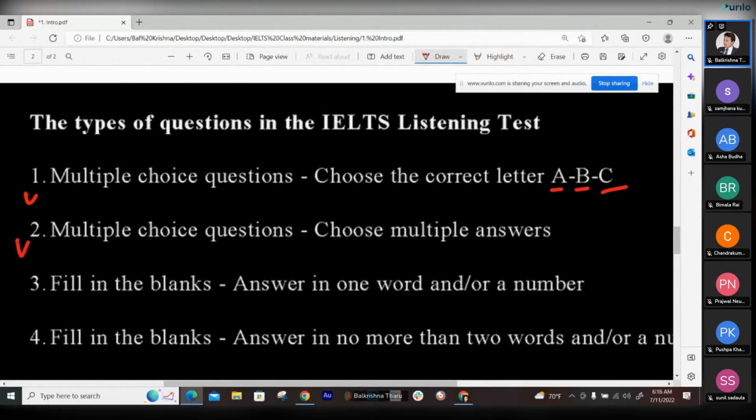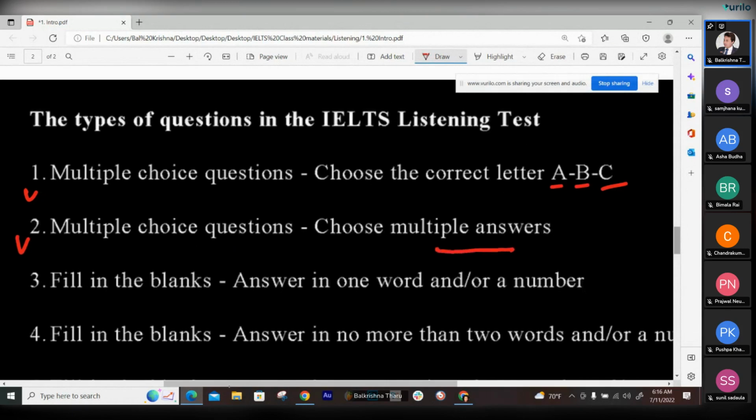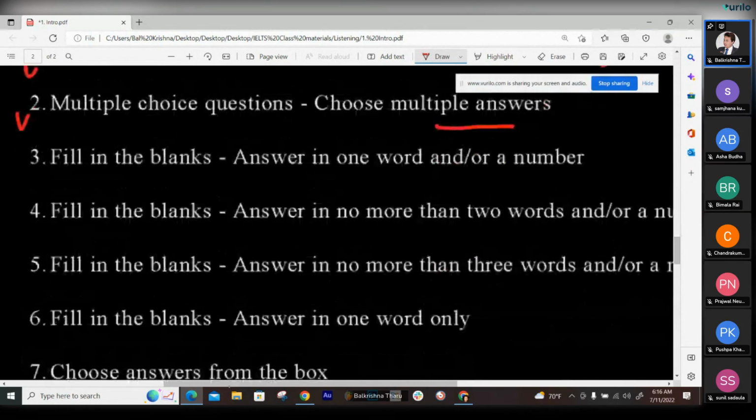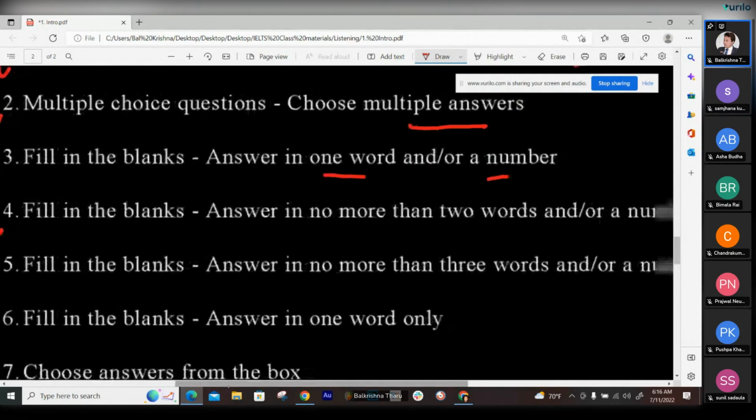Multiple choice questions again, but choose multiple answers. 3. Fill in the blanks. Answer in one word and or a number. 4. Fill in the blanks. Answer.